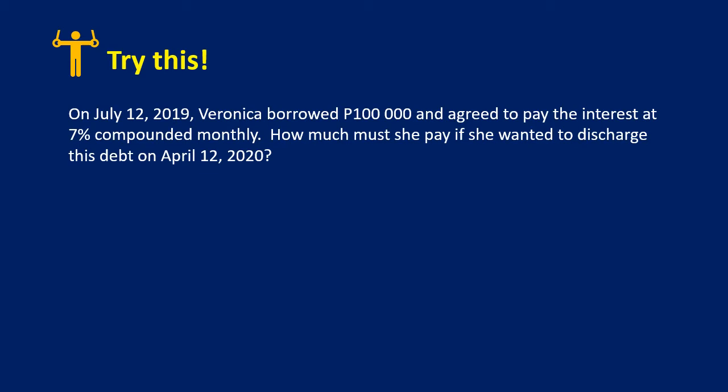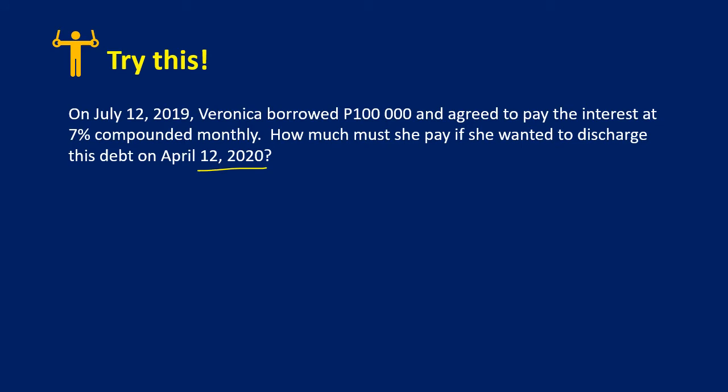On July 12, 2019, Veronica borrowed 100,000 and agreed to pay the interest at 7% compounded monthly. How much must she pay if she wanted to discharge this debt on April 12, 2020?